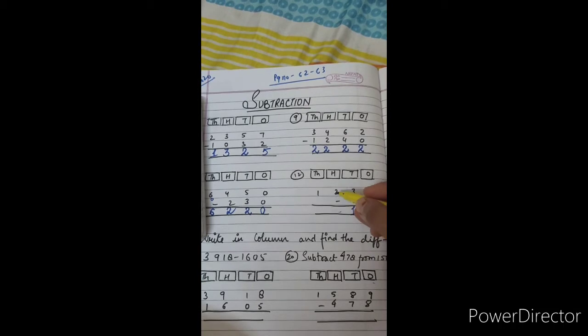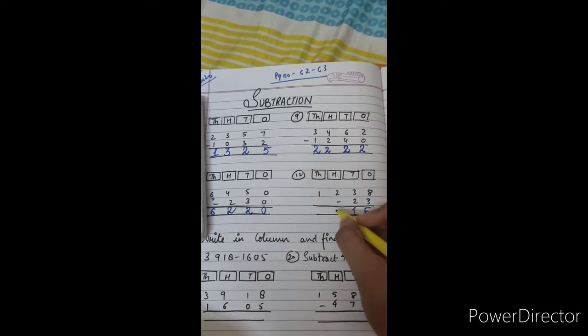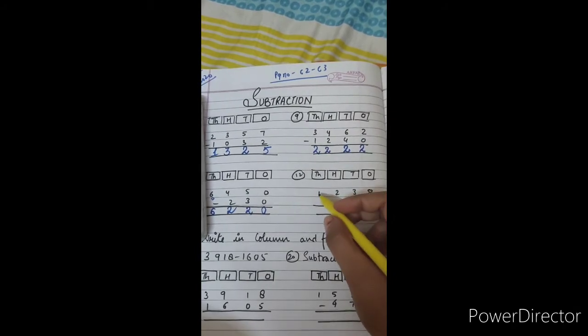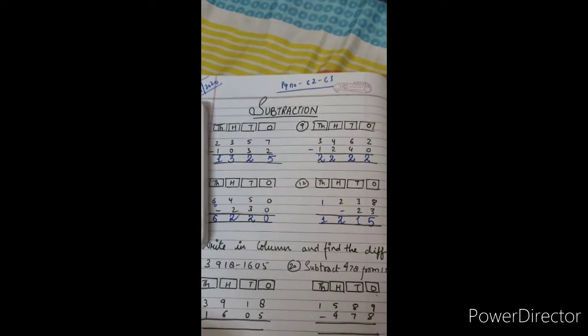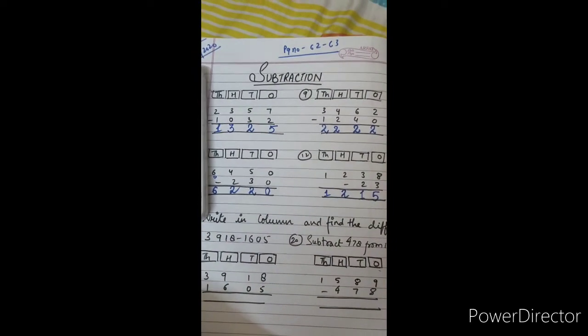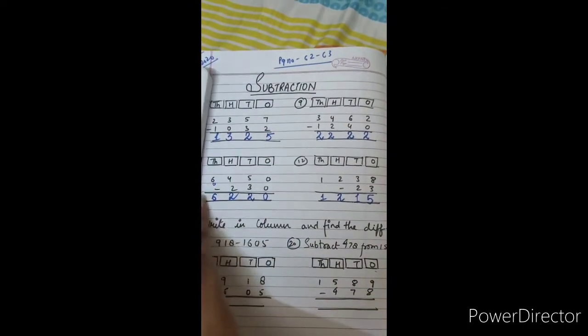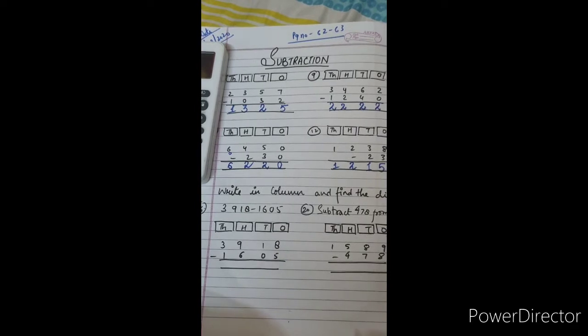And we want to subtract 2 from, there is nothing, it means 0. So this is as it is, 2. And 1 minus 0 is 1. So the answer is 1215. Right? Now next.